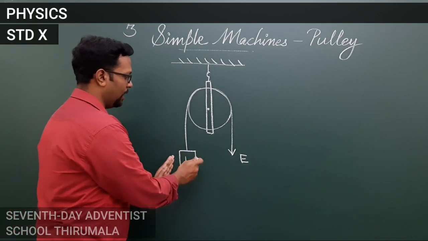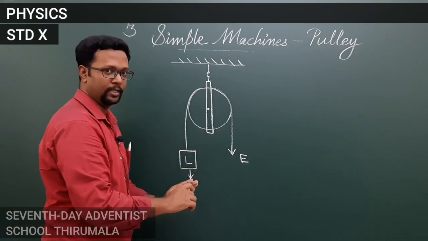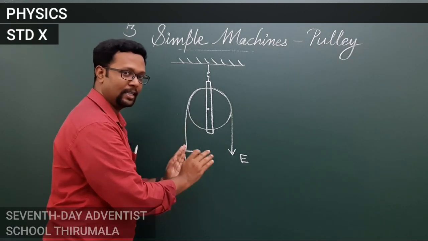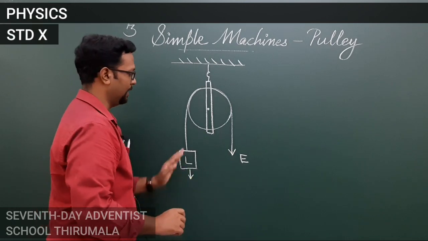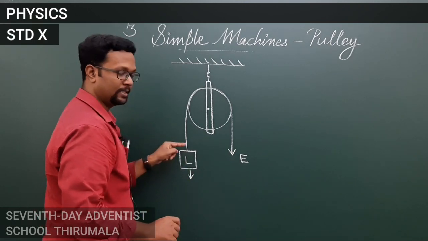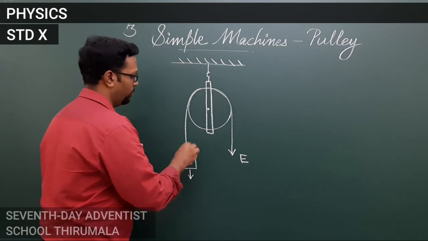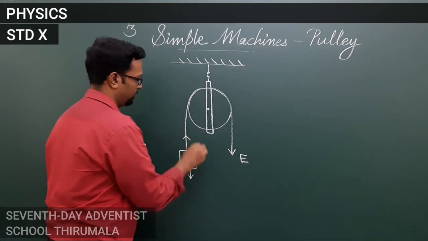So when you hang a load and an effort is supporting it, consider that nothing is moving, we are just balancing the load with the effort. Then the string exerts a force on the load, and that force is called tension force.